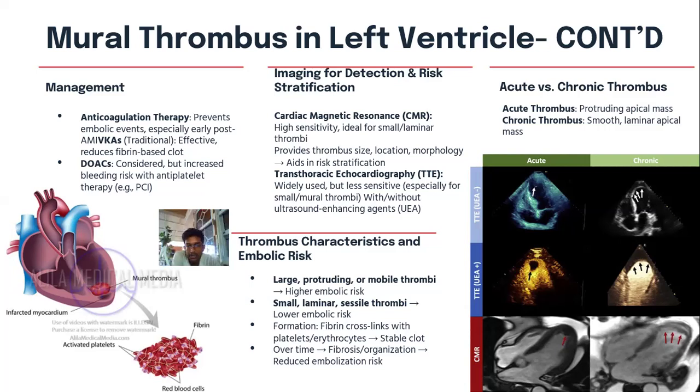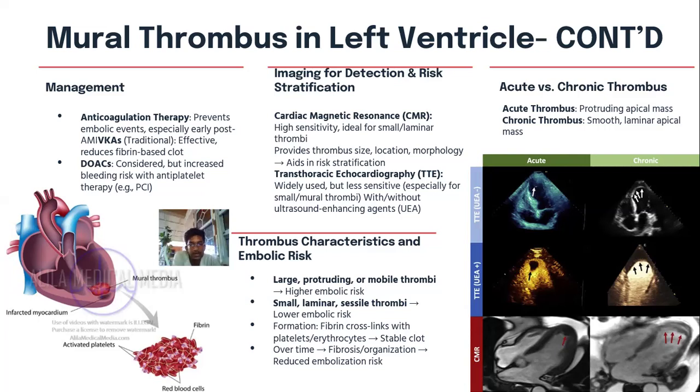The transthoracic echocardiography remains widely used for its accessibility, but has a lower sensitivity, particularly in cases of small or mural thrombi. On the diagram here on the left, you see a comparison of the cardiac magnetic resonance as well as two versions of the transthoracic echocardiography.